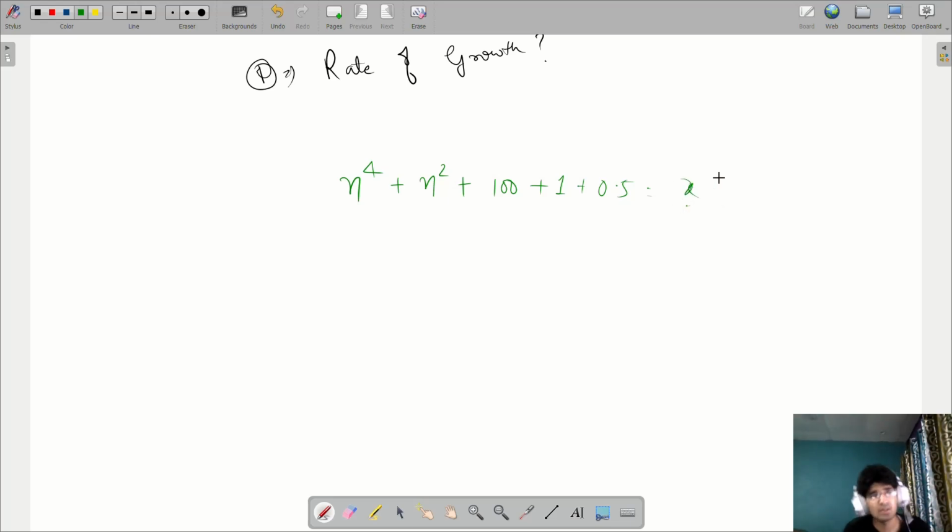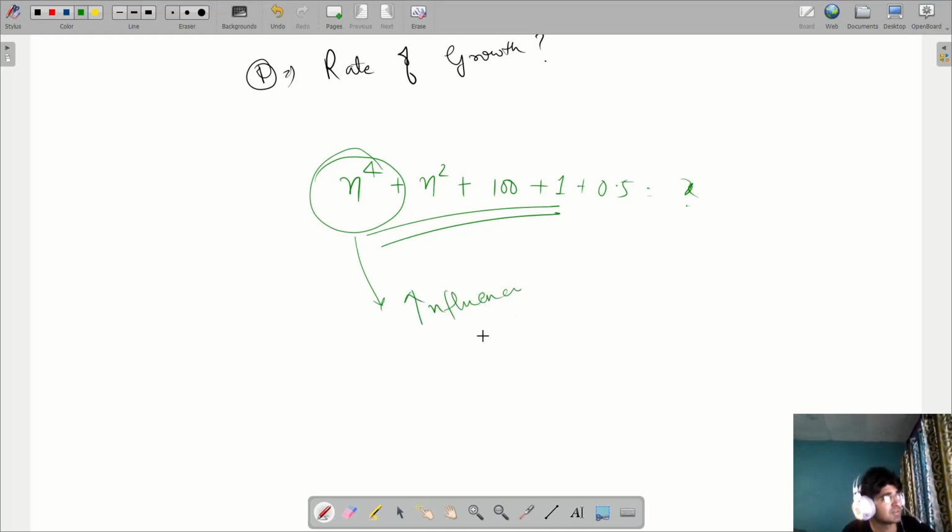Whatever answer I get out of it would be more or less influenced by the highest term. It will have more influence than the 0.5. So even if I did not consider the 0.5, it wouldn't make much difference to the solution.